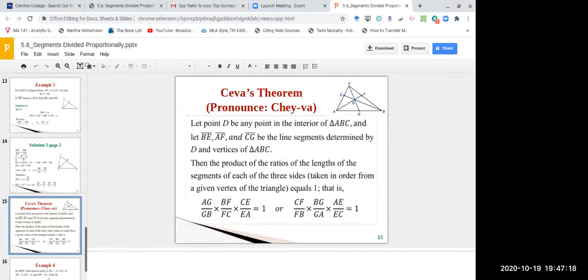It has to do with points on the interior of a triangle, and they have to do with the product of the lengths of the sides. It's not as common as some of the other theorems, but I'm going to go ahead and stop this review right here.